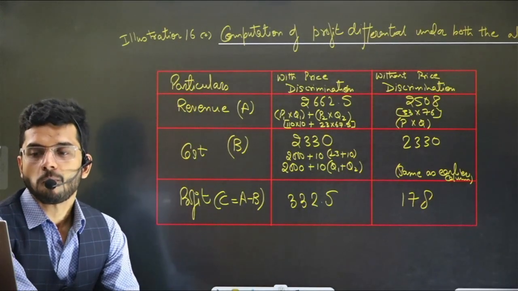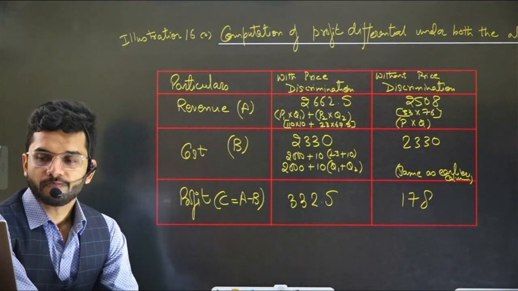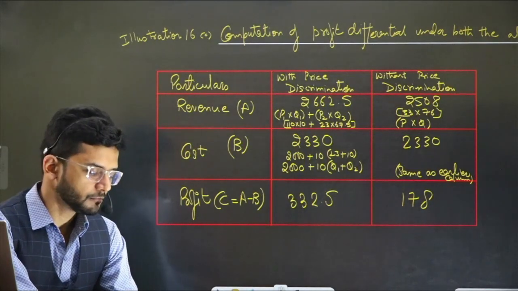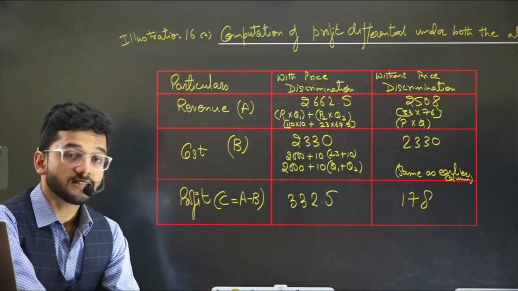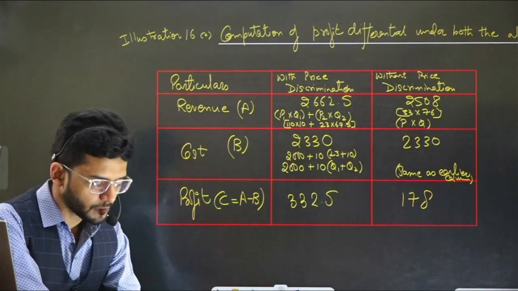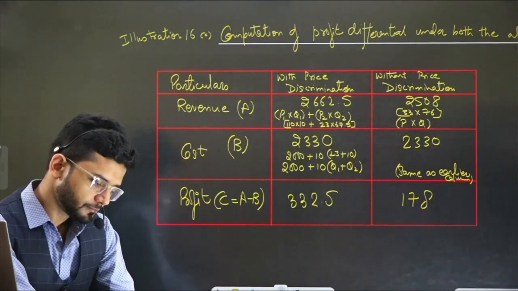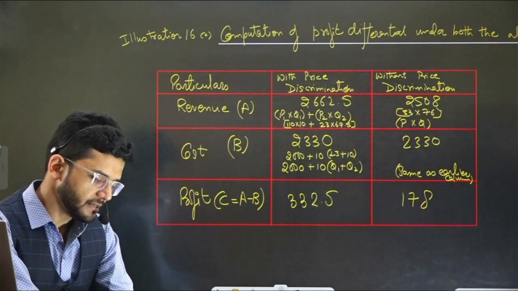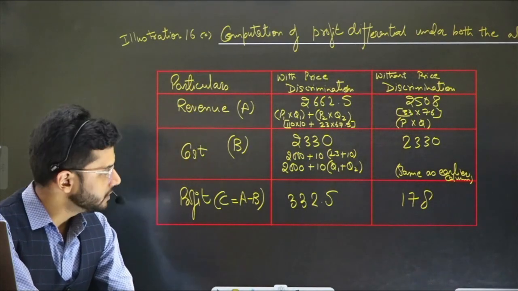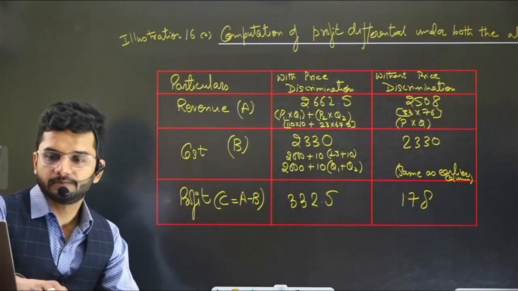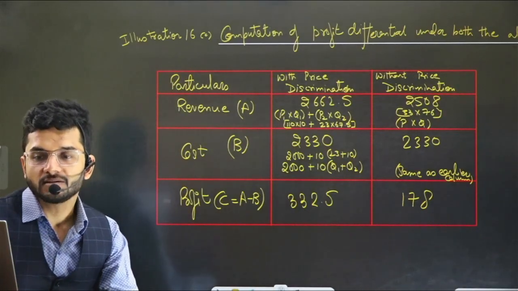Full stop. Thus, the profit will increase from 178 to 332.5 by adopting price discrimination.